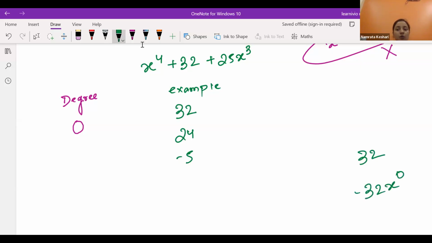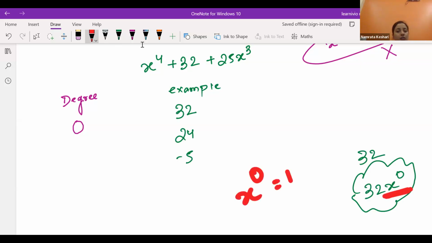This is what is going on in our mind. Can we write x to the power 0? That is just 1. Getting it? Yeah, x to the power 0 is 1. Anything to the power 0 is just 1. So 32 can be written as 32x to the power 0, and hence it became a polynomial.